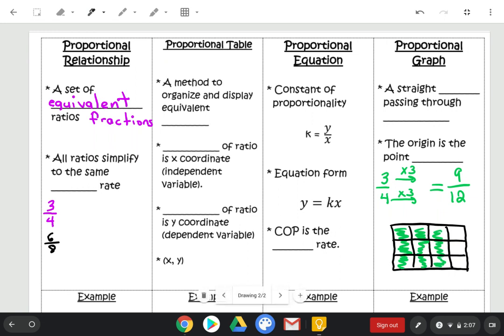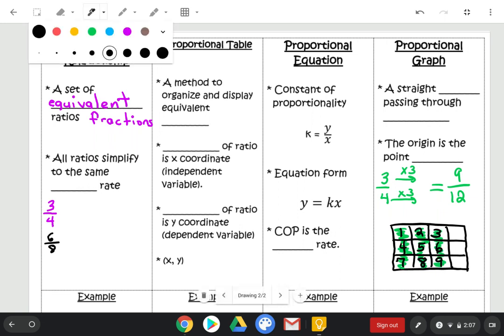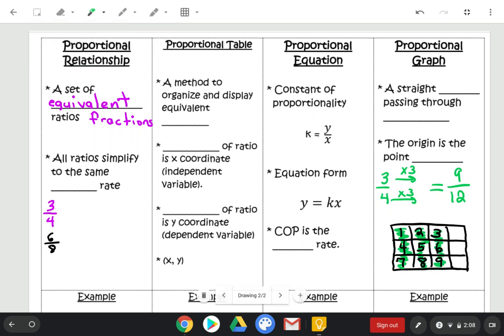It's just divided up a little bit differently. But see how we have 1, 2, 3, 4, 5, 6, 7, 8, 9 sections out of 12 shaded. So therefore, 3/4 is equivalent to 9/12.